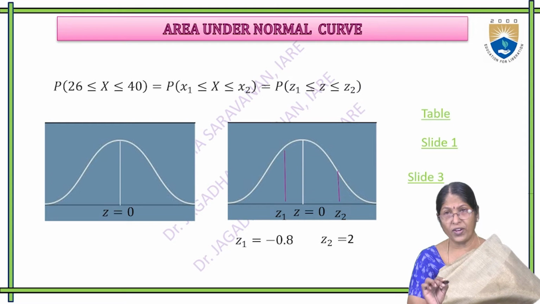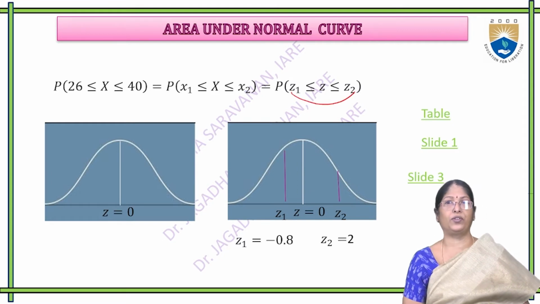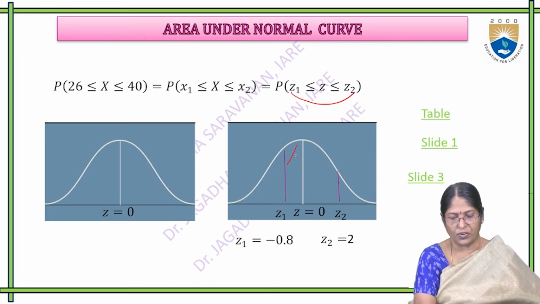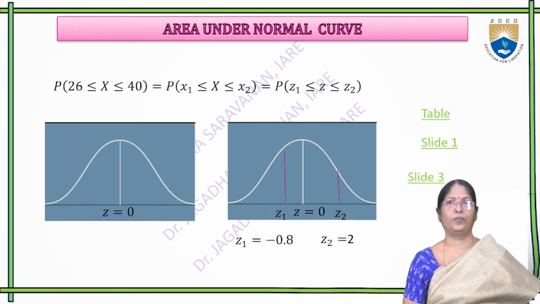Now, the question is, z lies between z1 and z2. This shaded part is the area we have to find between z1 and z2.